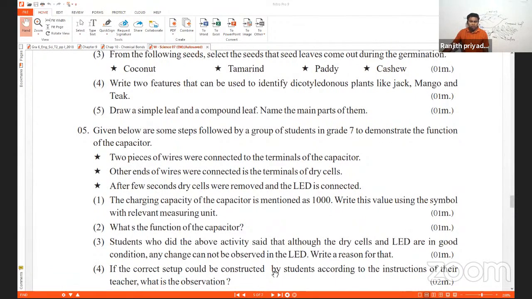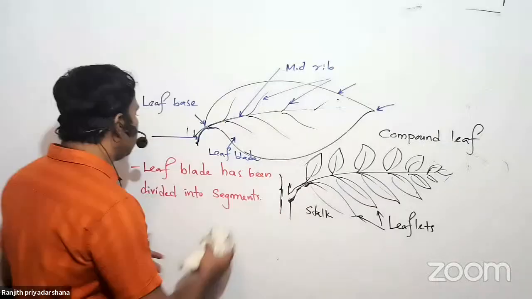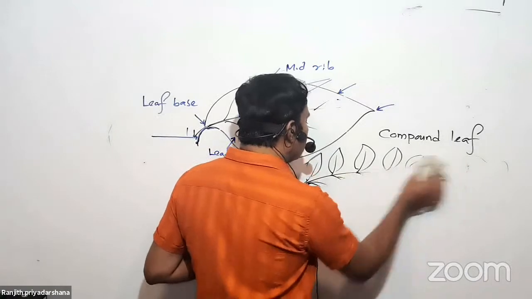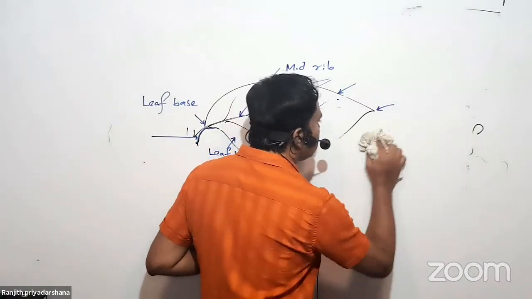We divide 1 millifarad again into 1000. I'll demonstrate that. You have to learn this. Capacity is a number that has a unit.